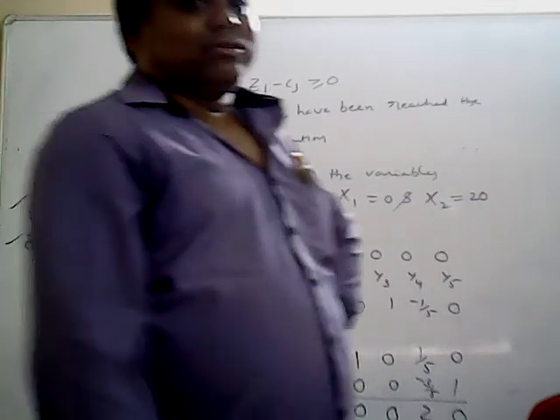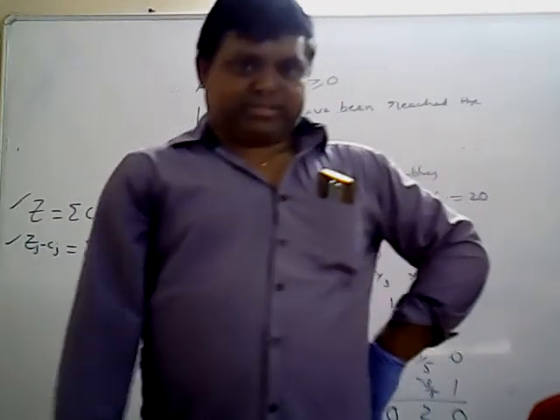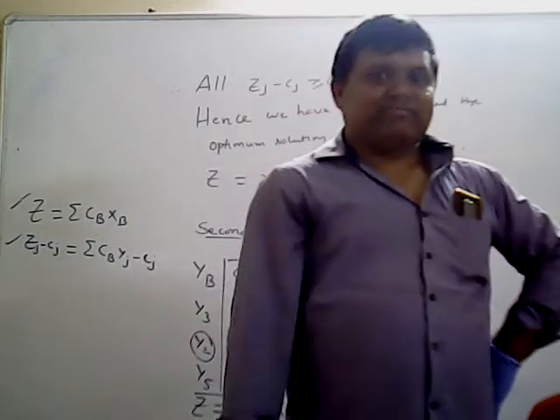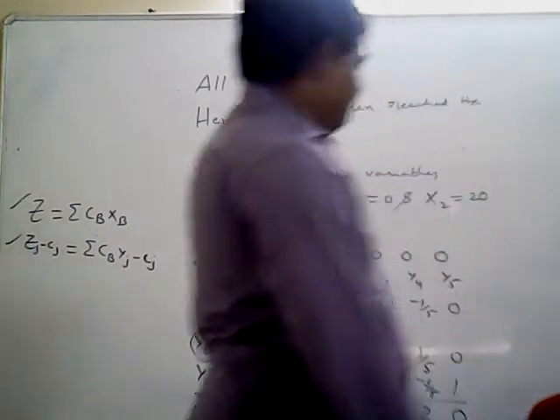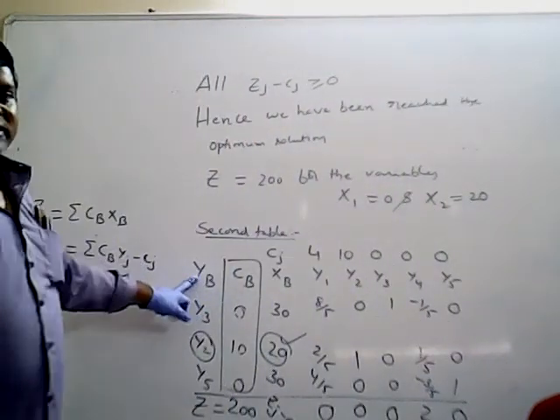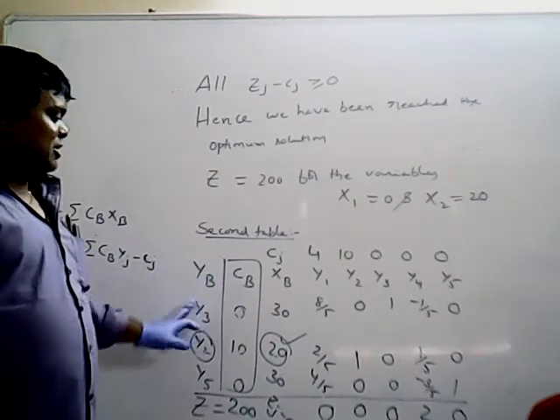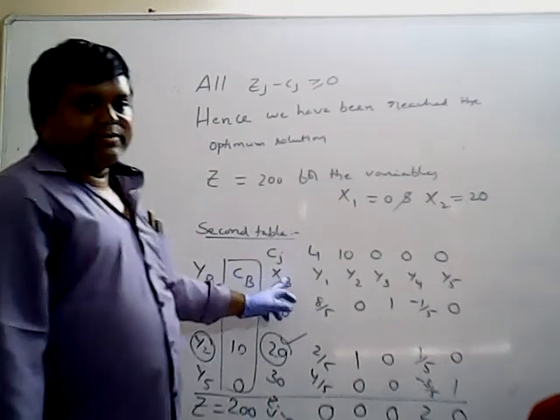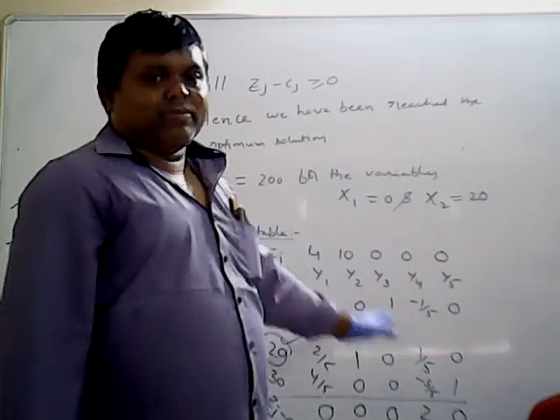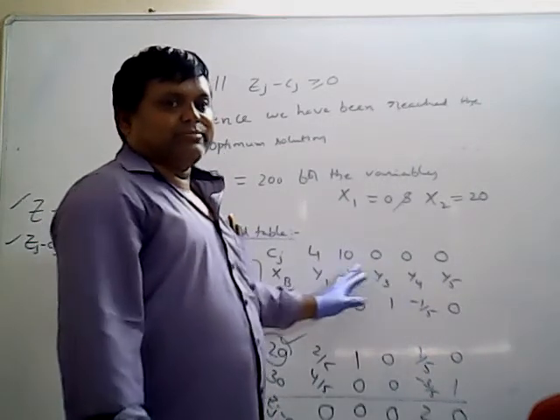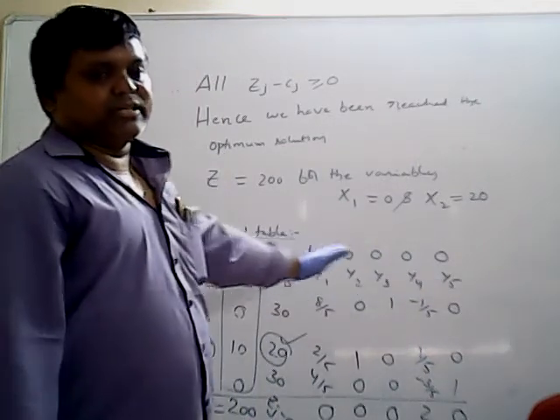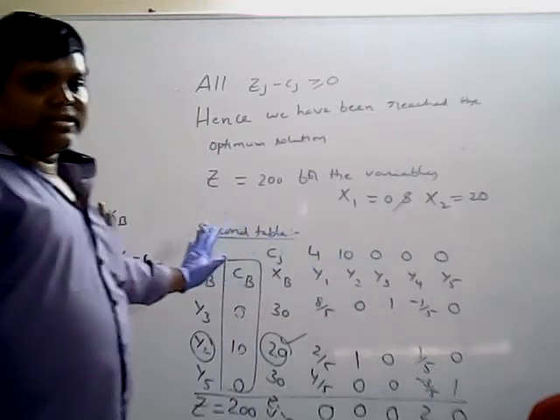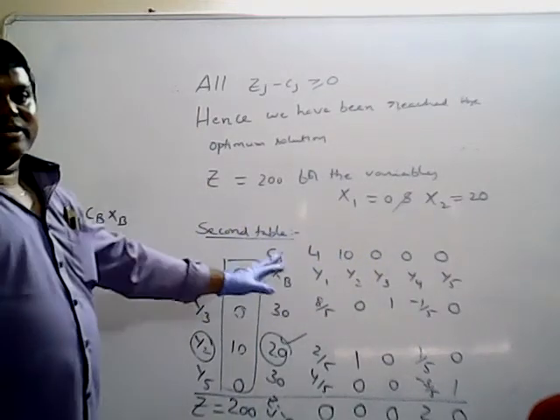The first column is YB, the variables that enter the basis. CB is the cost of the entering variables. XB is the B matrix. Then, 5 variables are there, so you write 5, and 6 variables, you write 6. After that, fill in the values.